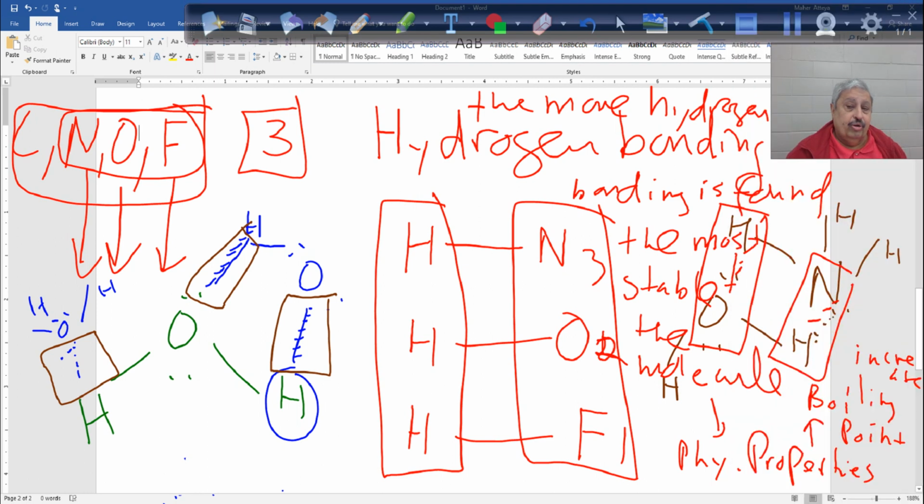So the more hydrogen bonding you have in a molecule, correct? The more hydrogen bonding you find in the molecule, you can expect it to be very stable, and the boiling point will be very high, compared with the one that has less or least hydrogen bonding.